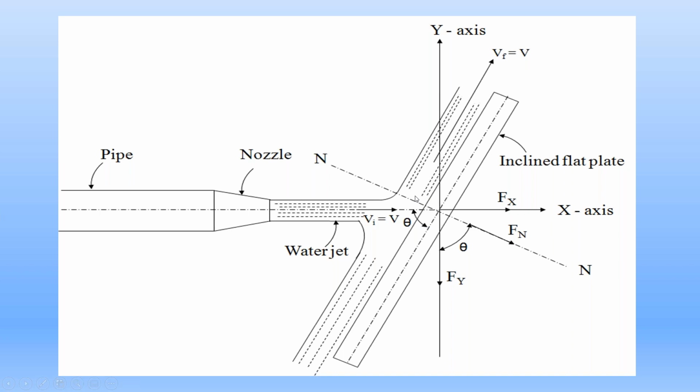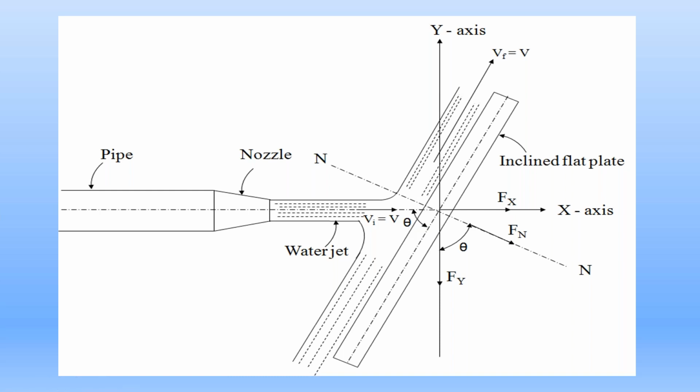At the time of impact, the water jet applies two forces on the metal plate. One is the horizontal force Fx. The next one is the vertical force Fy. We are going to discuss the equations of Fx and Fy. Let this inclined metal plate with the horizontal, that is the water jet direction, make the angle theta.